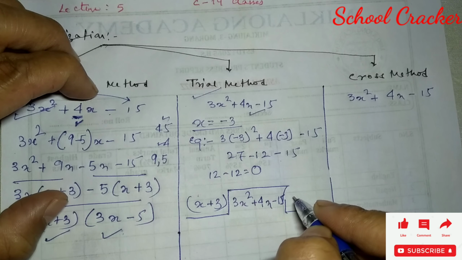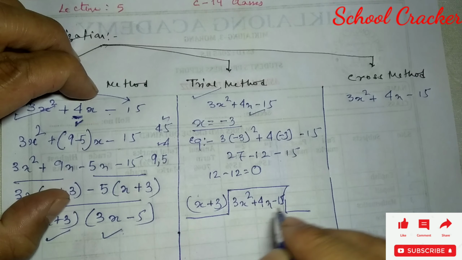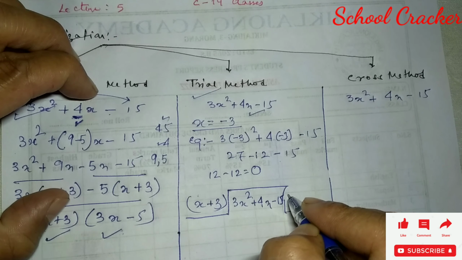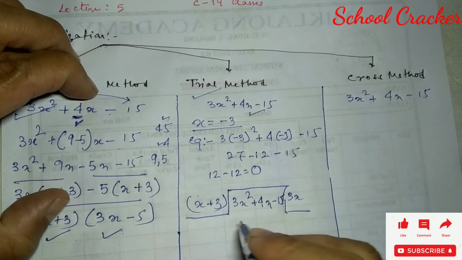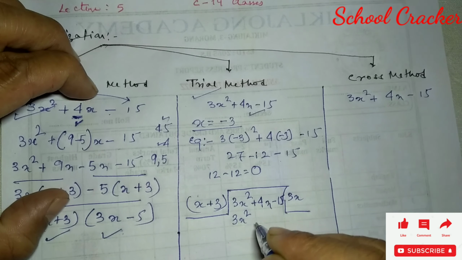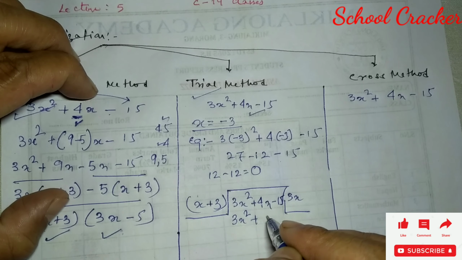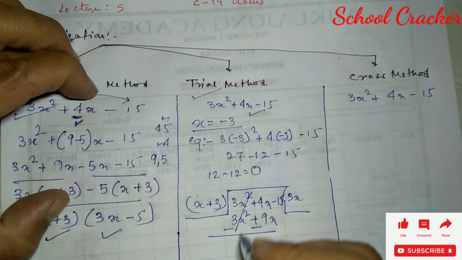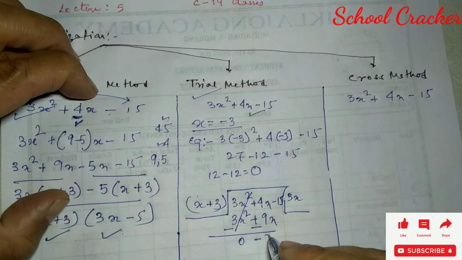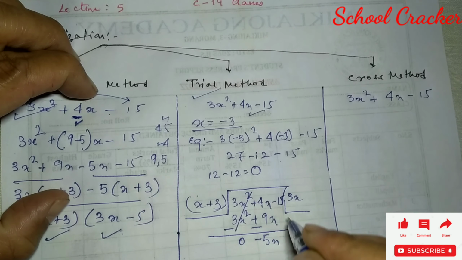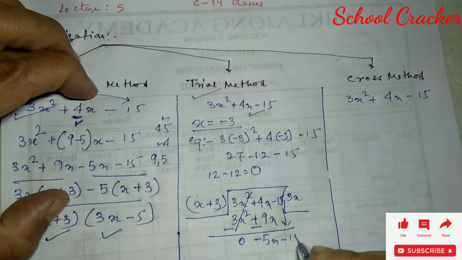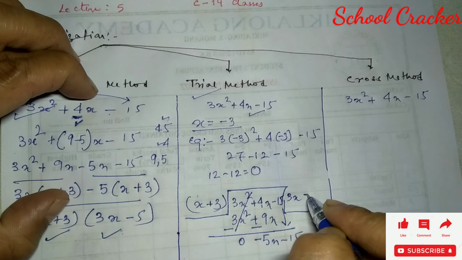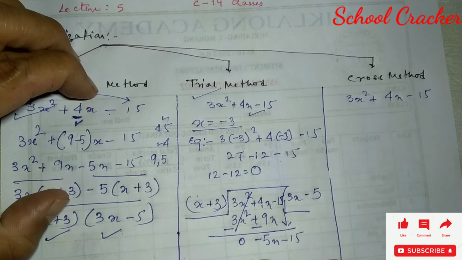So I assume that all of you know how to divide. So we're just going to divide it. 3x square plus 9x. Change the sign. This gets subtracted. Here it is minus 5x. Drop down 15. Again it is minus 5. Minus 5x minus 15.